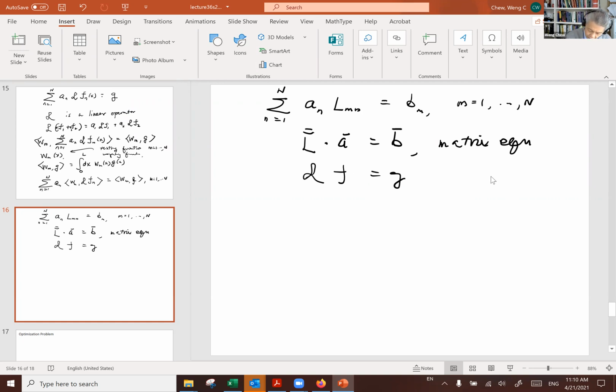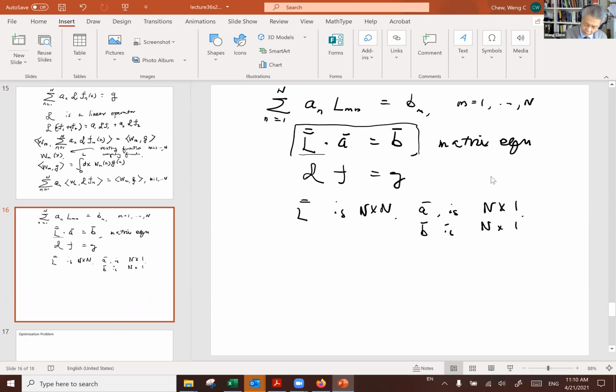For instance, L is n by n, A is n by 1, B is also n by 1. Okay, so these are things that you can feed to a computer.